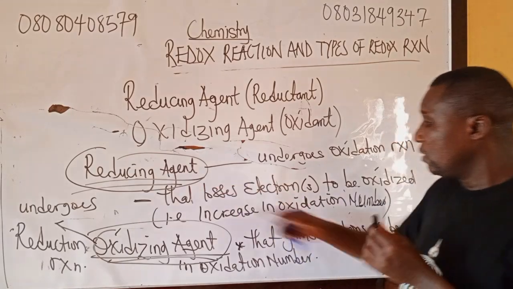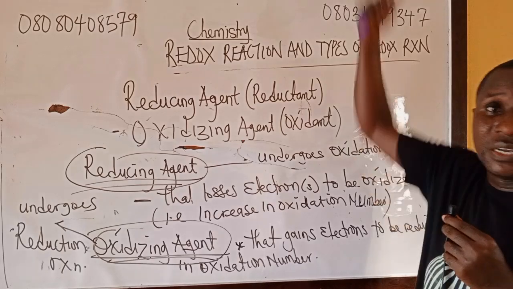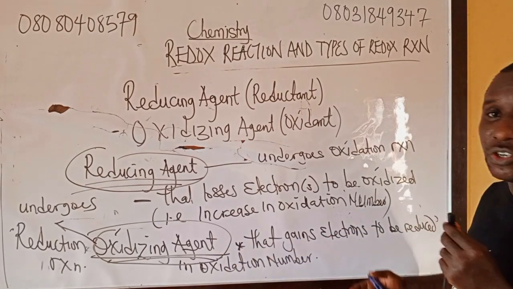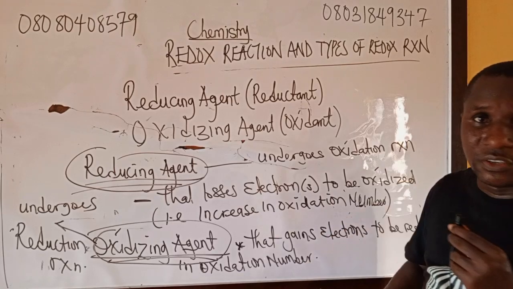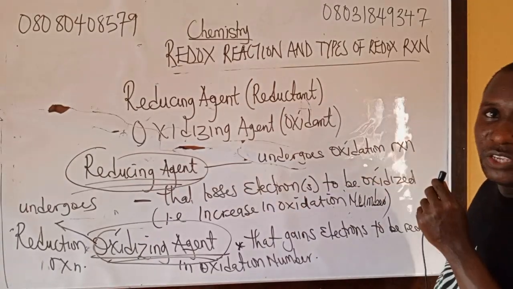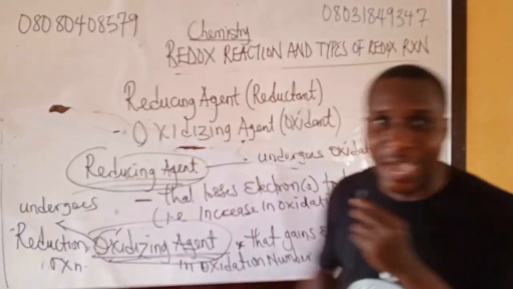Reducing agent loses electron to be oxidized, to increase in oxidation number. Oxidizing agent gains electron to be reduced, to decrease in oxidation number. Reducing agent undergoes oxidation reaction. Oxidizing agent undergoes reduction reaction.